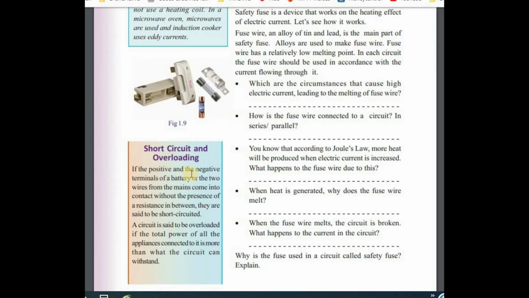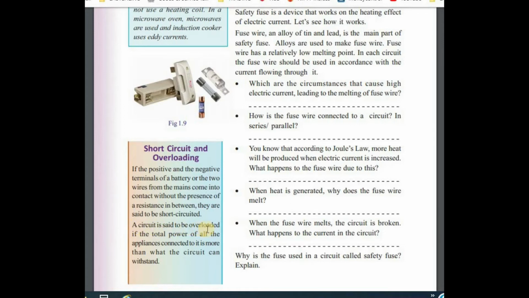Let's see that. If the positive and the negative terminals of a battery or the two wires from the mains come into contact without the presence of a resistance in between, they are said to be short circuited. Short circuit is one reason for the flow of overcurrent, and another reason is overloading.